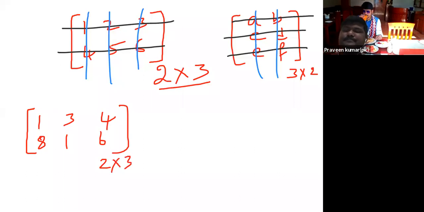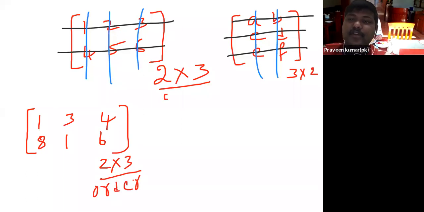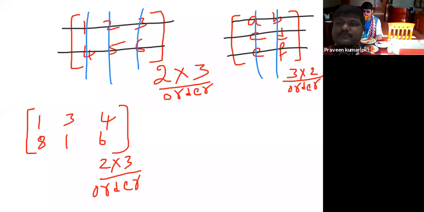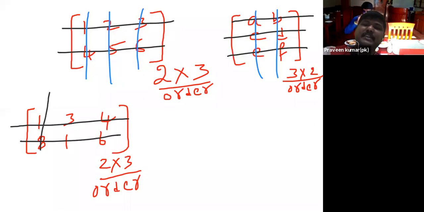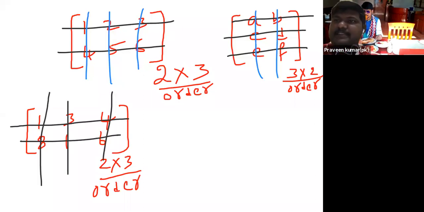Correct? This is called the order of the matrix. 2 rows, 3 columns. The lines along the x-axis are sleeping lines: 2 sleeping lines. And 3 standing lines.